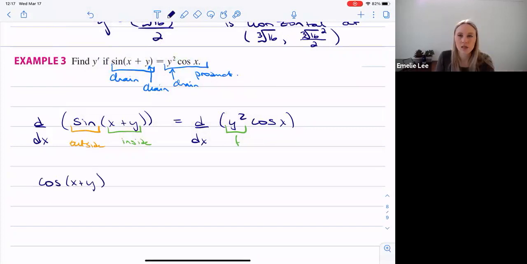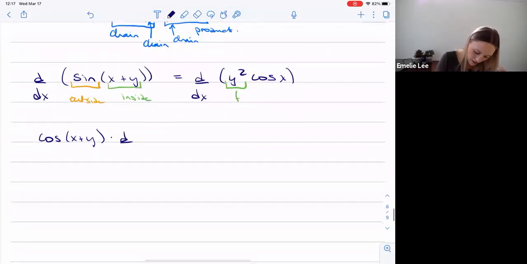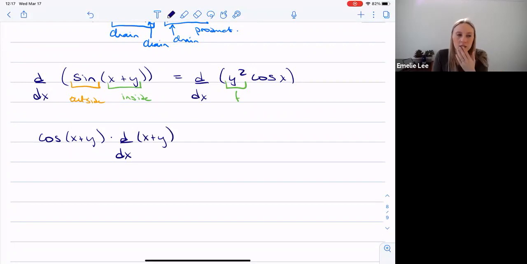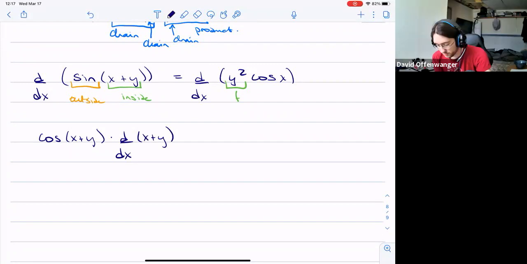That's the outside evaluated at the inside, but then I need to times it by, and I will show, d dx of x plus y. And that's where that 1 plus y prime came from. Okay, that makes more sense. I'll do that in the next step.